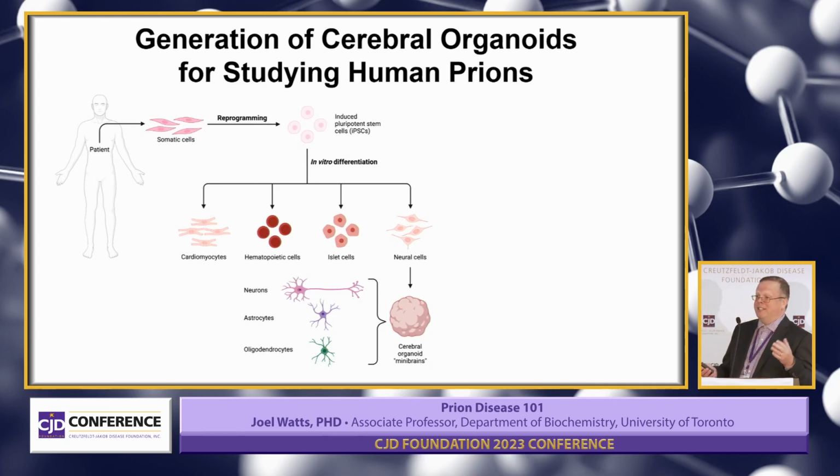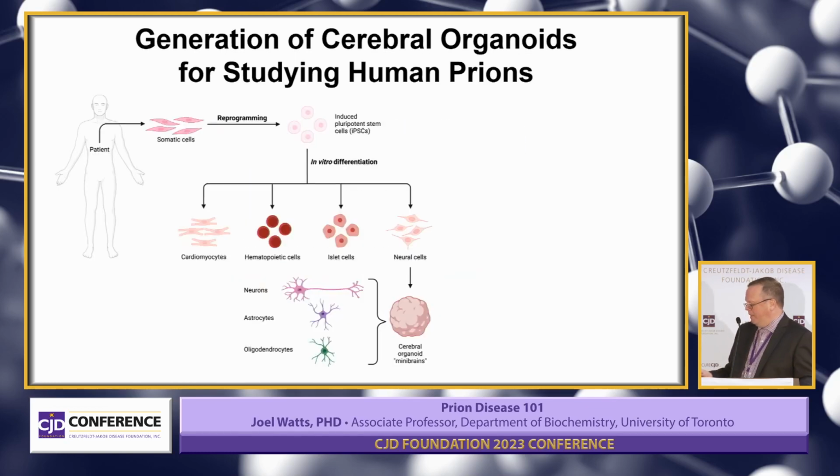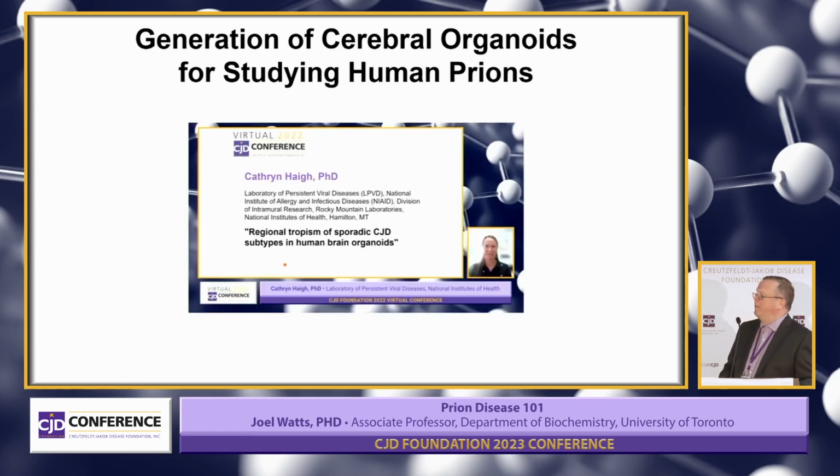The nice thing about this is that these are human-sourced tissues, so they better reflect the human situation. Catherine Haig's lab has shown that you can infect these with CJD prions, and tomorrow you will hear a talk from Bradley Groveman, who works with Catherine Haig, on how these cerebral organoids are really advancing our understanding of human prion disease.